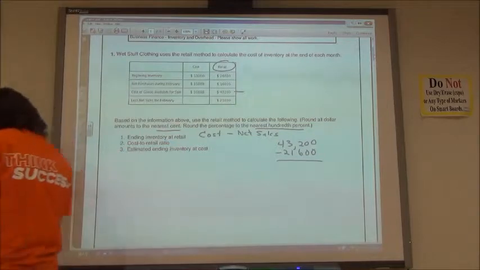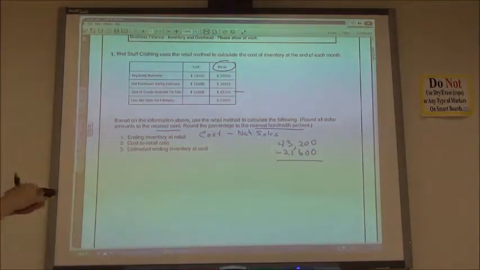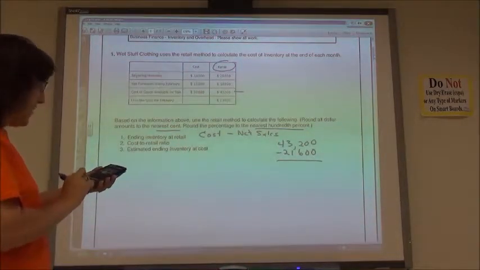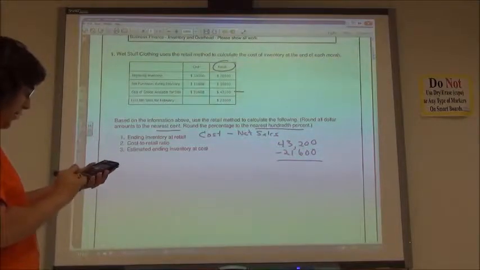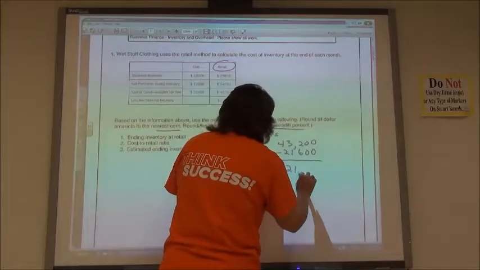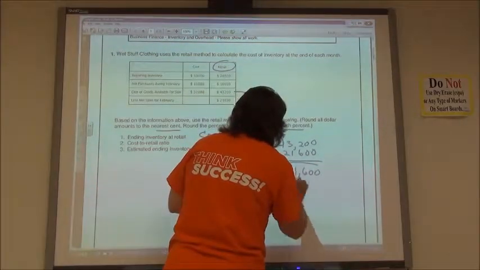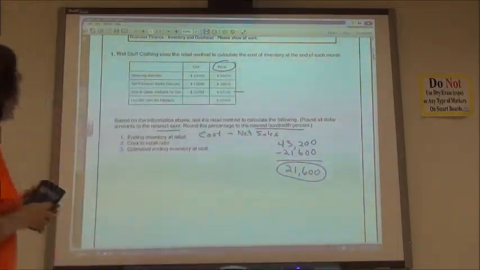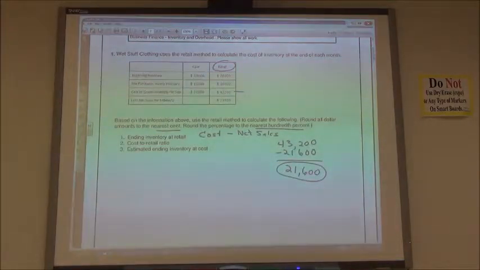I'm going to grab my calculator and subtract. 43,200 minus 21,600 gives me 21,600. So my ending inventory at retail, we just took the cost of the goods available at retail minus the net sales at retail.